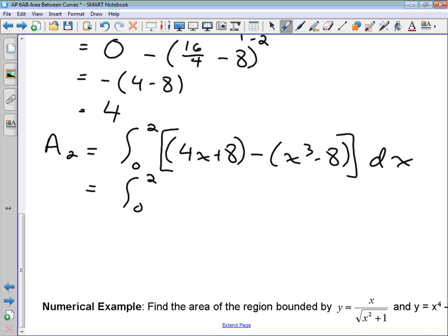So we get the integral from 0 to 2 of -x cubed plus 4x plus 16 dx.